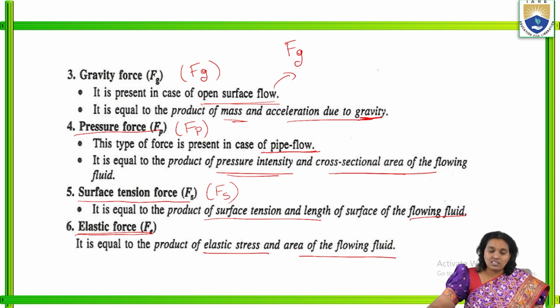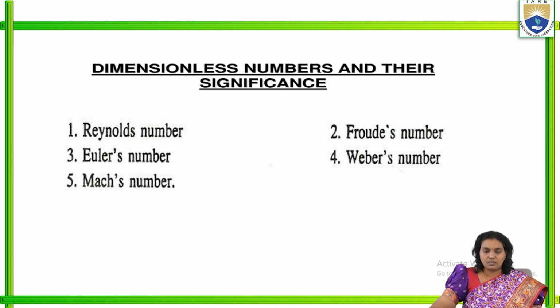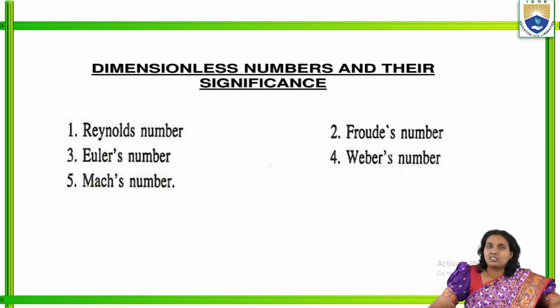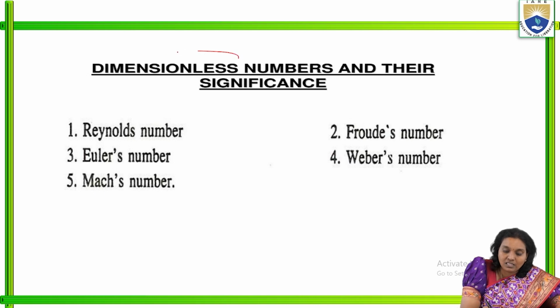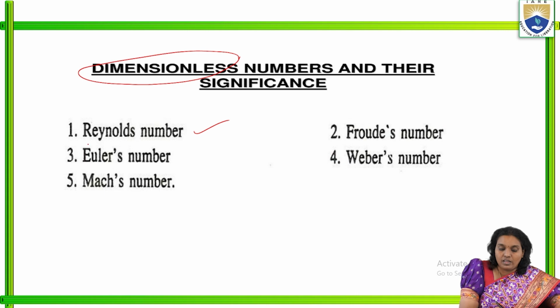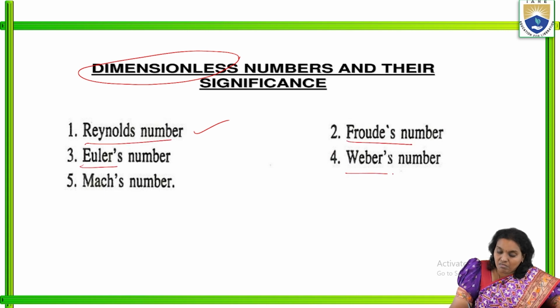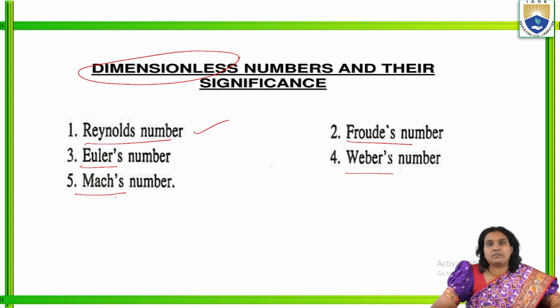Based on these 6 forces, 5 different dimensionless numbers occur: Reynolds number, Froude number, Euler's number, Weber's number, and Mach number.